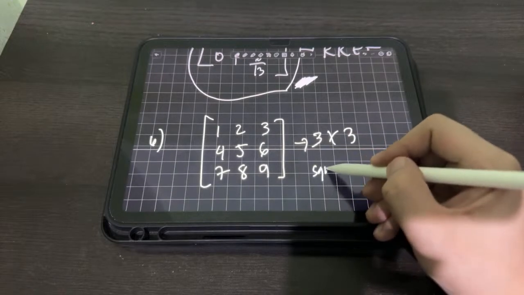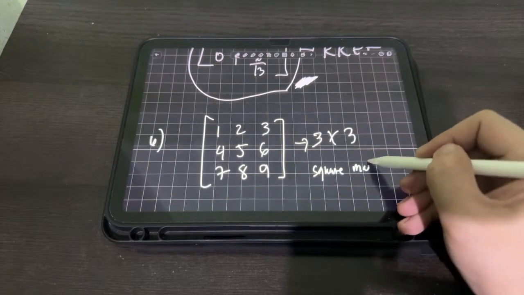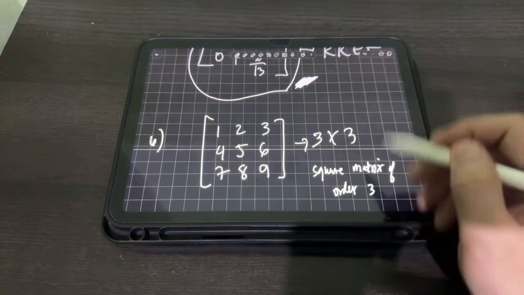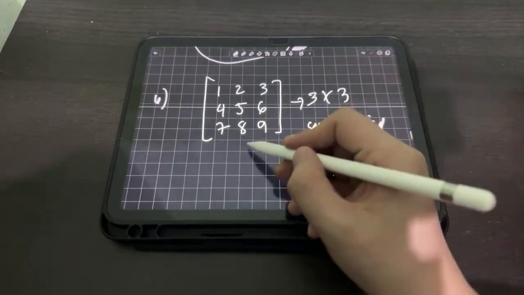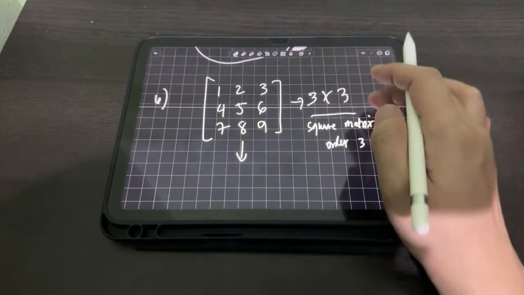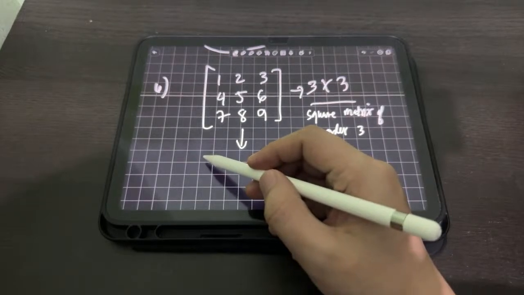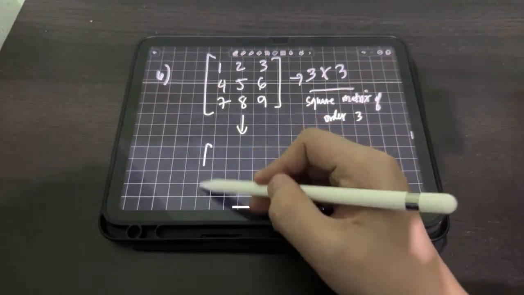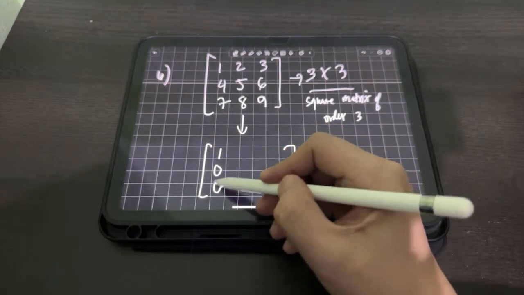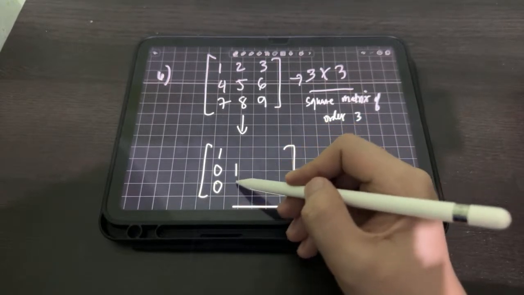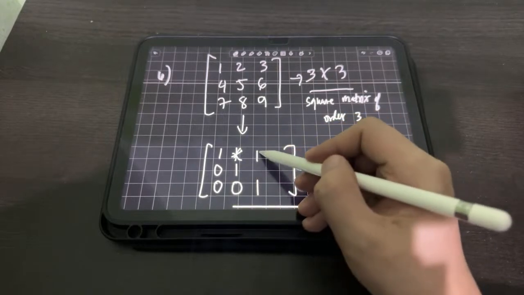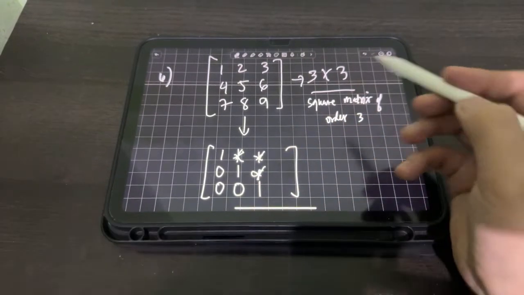So what is the look of its REF? It should have 1, 0, 0, then 1, 0, 1, and any other constant in the asterisk.